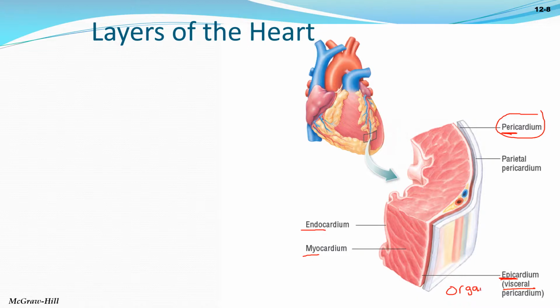So if it's touching the organ, in this case the heart, then that is the visceral pericardium, which is the same as the epicardium. So these two terms are interchangeable. The heart sac, right? The sac that the heart is in, that's the pericardium. But since it lines the cavity, it's also called the parietal pericardium. So these two are the same.